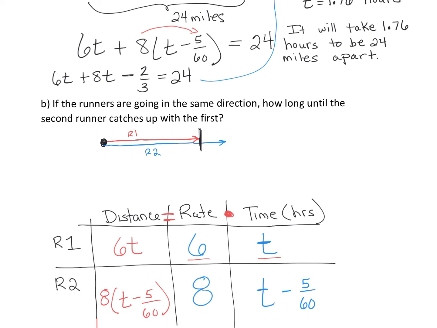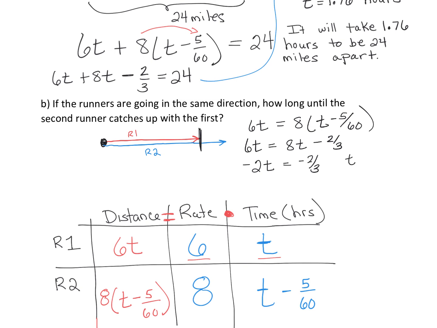So again, all we need to do is look at our table and set our two distances, 6t and 8 times t minus 5/60, equal to one another, because that would be when the distances were equal. So we have 8t minus 2/3. If I subtract 8t from each side, I get minus 2t equals minus 2/3.